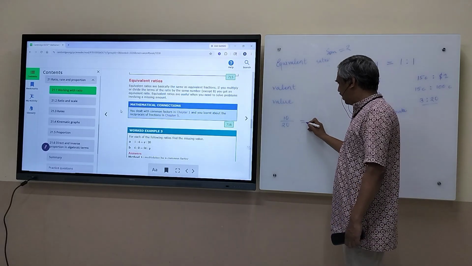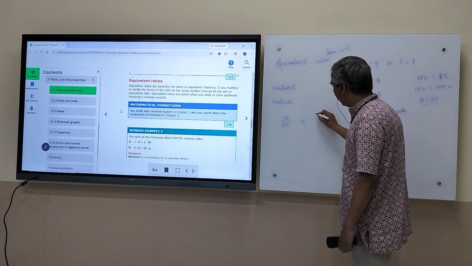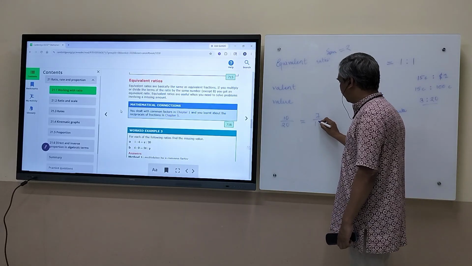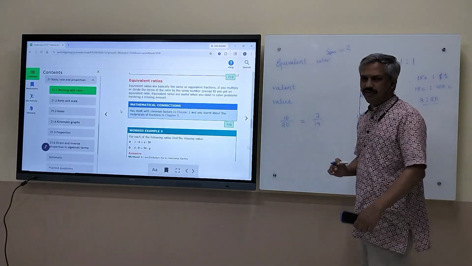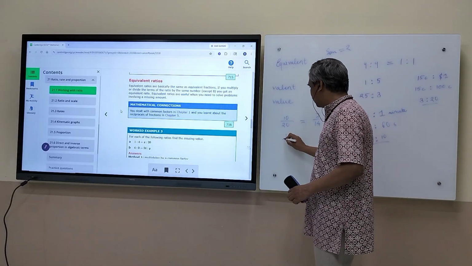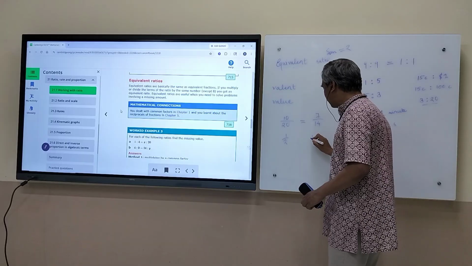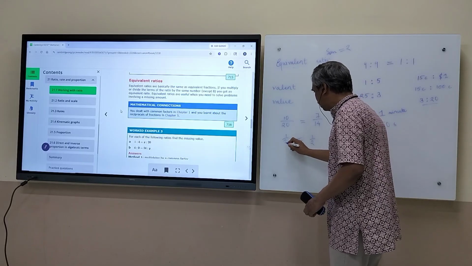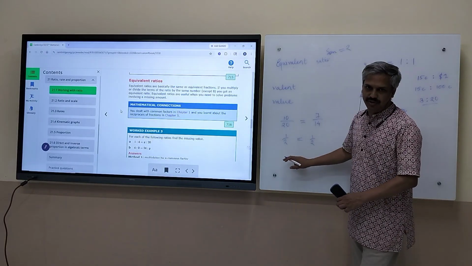And then take the length of a rectangle and the breadth of a rectangle. Here, if you make the simplest ratio out of this, it is 1/2. If you make the simplest ratio out of this, it is also 1/2. So these two ratios are equivalent ratios.